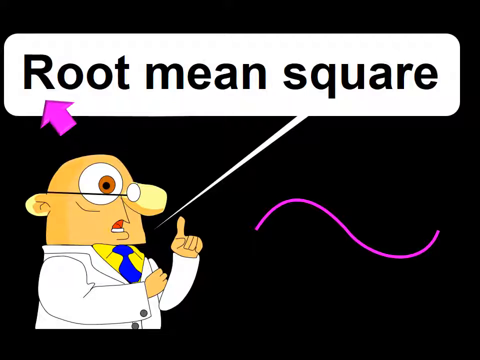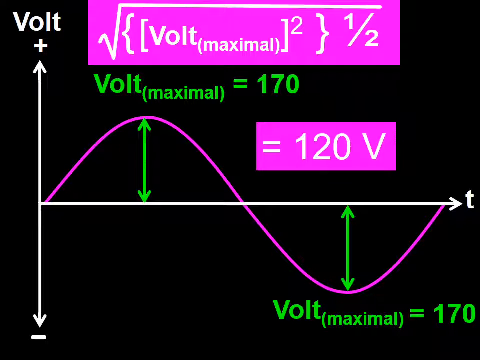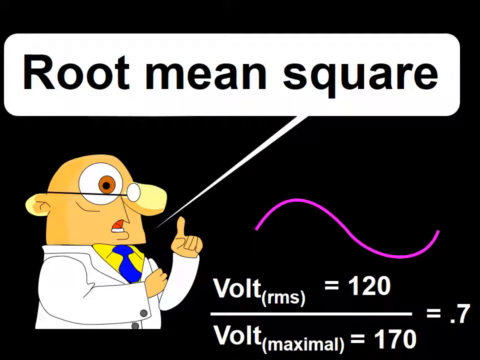Finally, we find the square root of that number. So the square root of 14,450 is 120 volts. Now, if we compare the root mean square so obtained to the Vmax, we find that it is about 0.7.